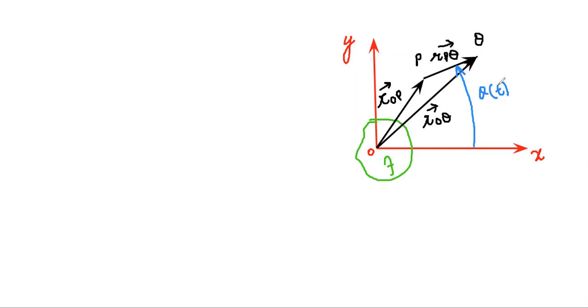That's why we write theta as a function of time. Since this xy frame is our ground frame of reference, we define the unit vector along the x-axis as i cap, and the unit vector along the y-axis as j cap.